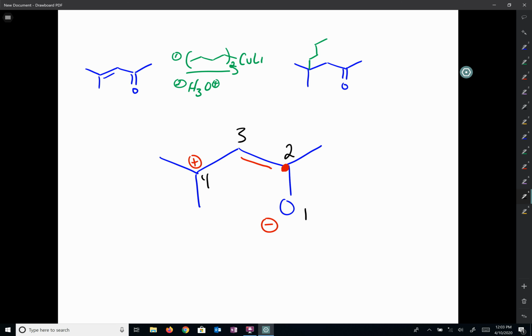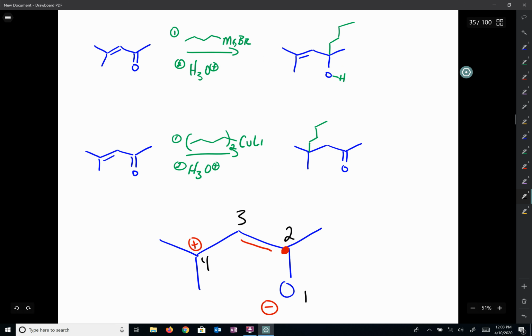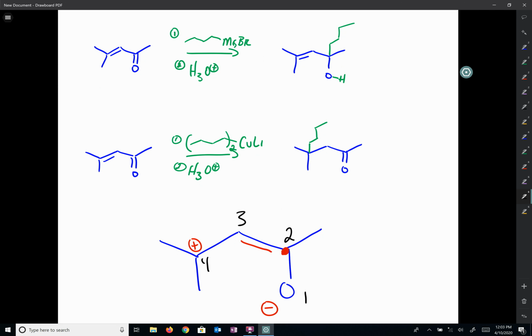Now, from the example that we did before with the copper lithium versus the Grignard, there's got to be something said about the strength of the negative charge that's coming in, right? And the terminology that we would use with that, especially as you progress on to some of the upper division chemistry courses, would be harder versus softer bases, right? We talked about this a bit in Gen Chem, and you'll talk about it in Biochem for sure.